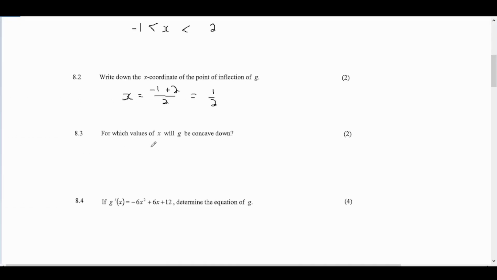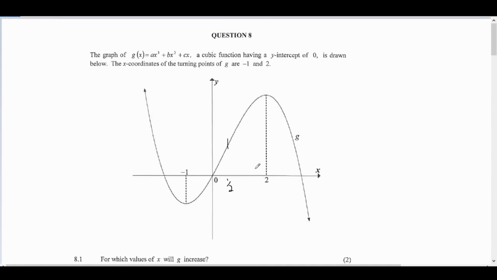8.3, for which values of x will G be concave down? Concave down would be everywhere on this side over here. You can see that the inside of the curve is in a downward direction, whereas on the left side of it you can see it's kind of upward.